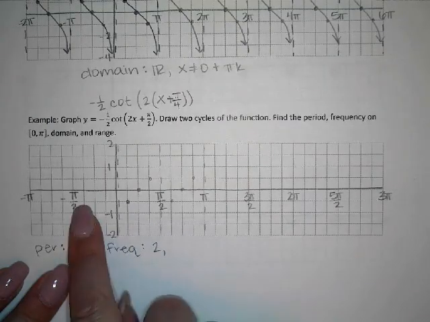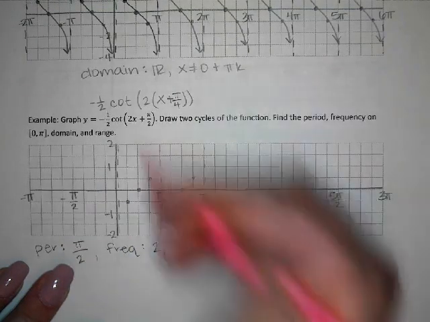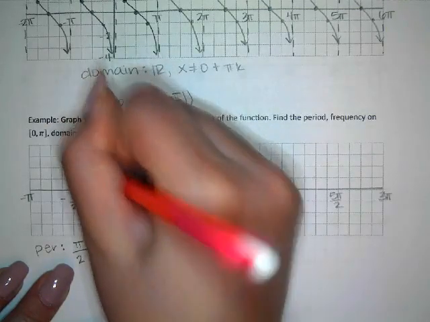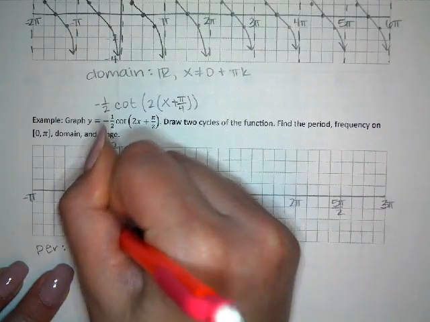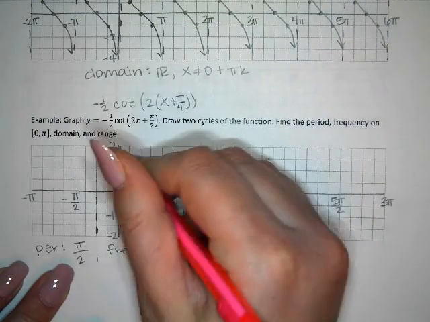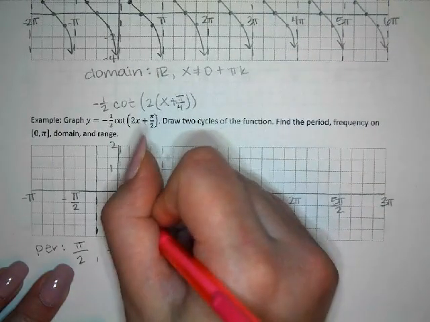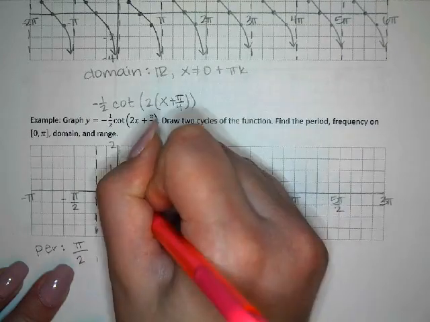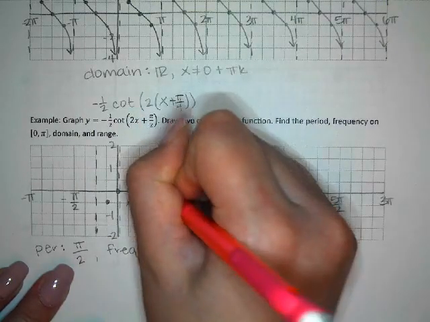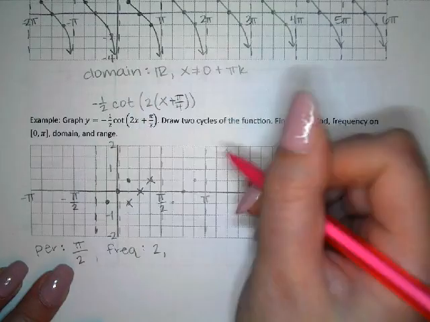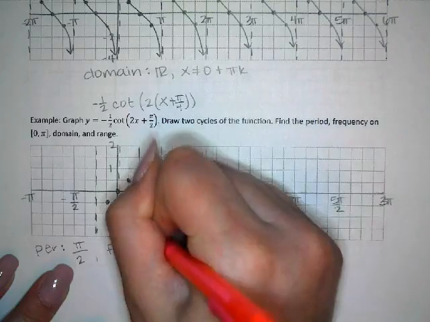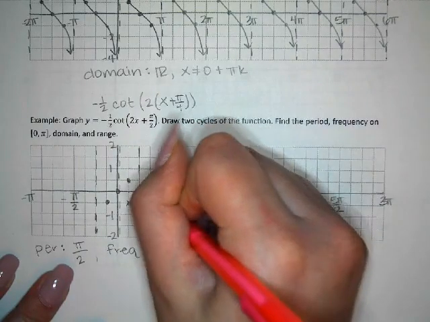So there's my dotted line. 2 boxes, 2 boxes, 2 boxes. There's my first one. 2 boxes, 2 boxes, 2 boxes. There's my second one.